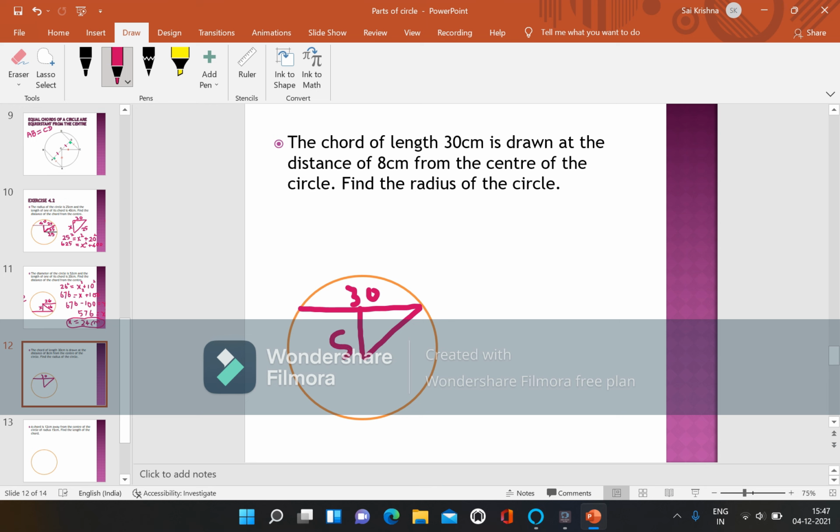So radius is the hypotenuse. It's an easy one. And half of this is 15. So let the hypotenuse be x. By the Pythagoras theorem, the square on the hypotenuse will be equal to the sum of the squares of the other two sides. So x square is 8 square plus 15 square.